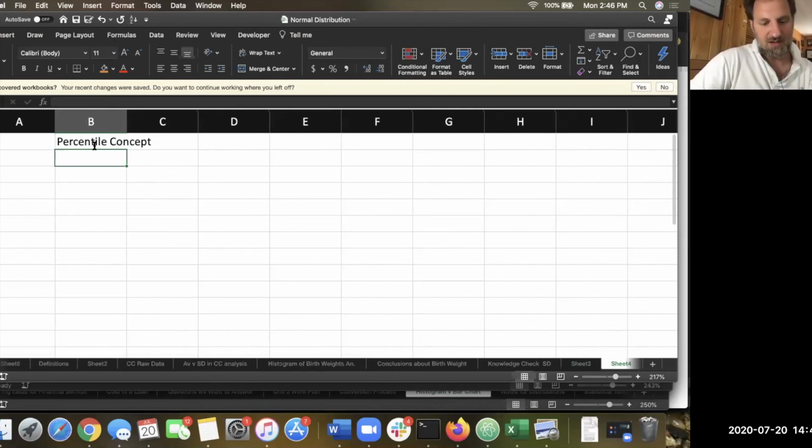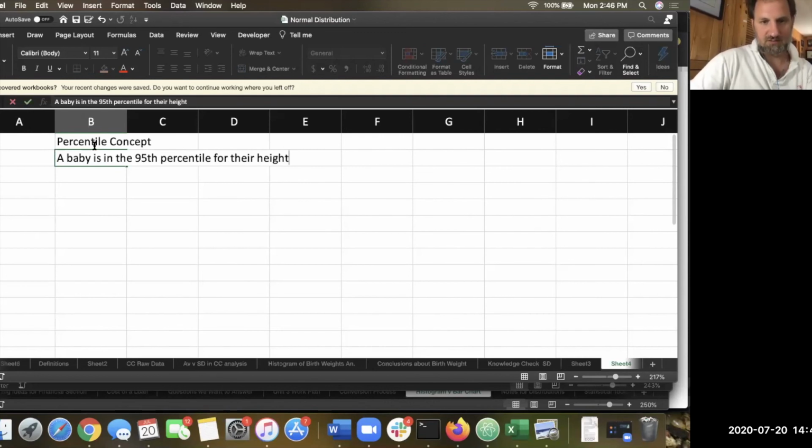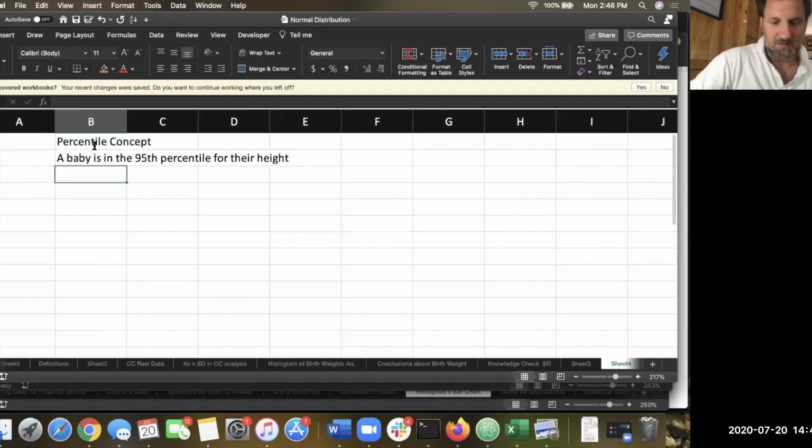Say a baby is in the 95th percentile for their height or length or whatever they call it for babies. I guess they're laying down. What does that mean?